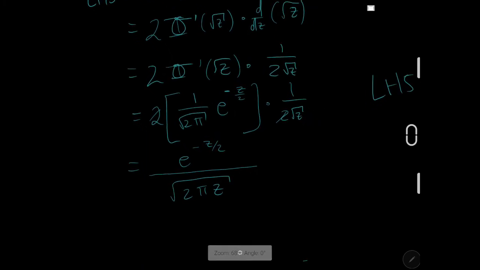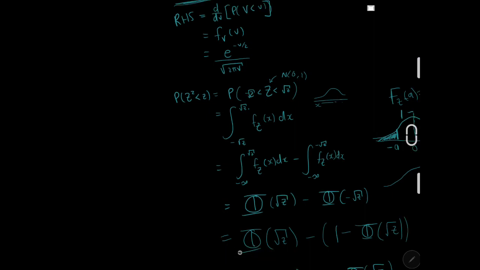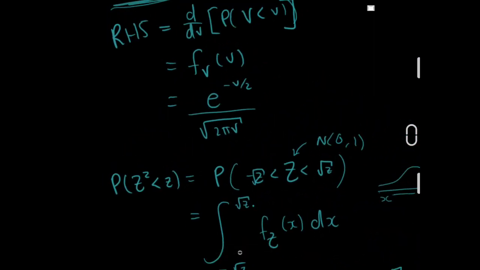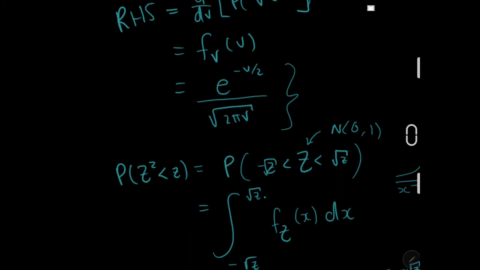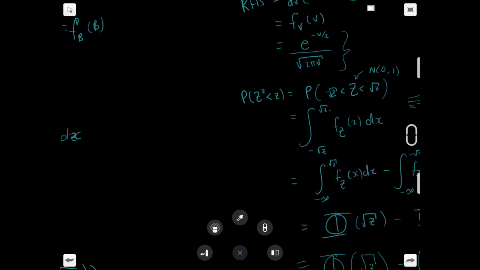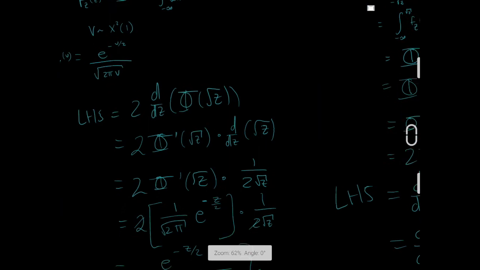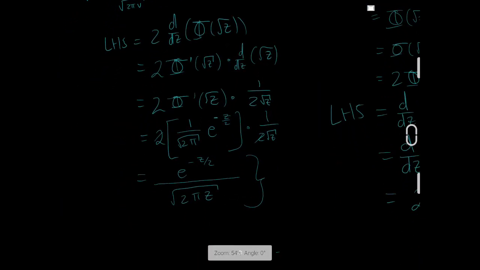And if we look at this, which is our left-hand side, and we look at our right-hand side, we'll see that these two things are equivalent if we set v and z equal to each other, which is okay to do, because those v's and z's are just the independent variables that we're plugging in.